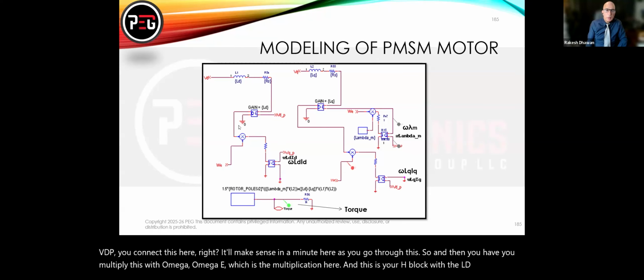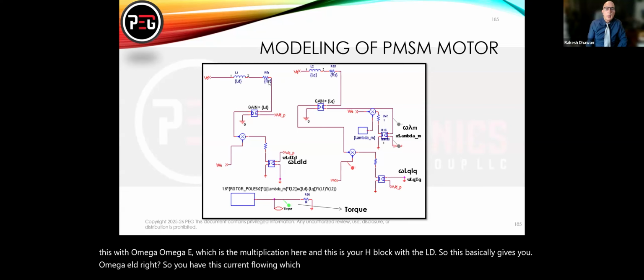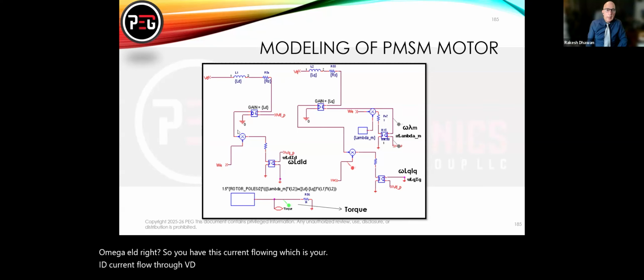So this basically gives you omega E LD ID. You have the ID current flowing through the VD loop, and omega E multiplied by LD, which is the gain of this block. Then you bring over from the Q phase this omega LQ IQ. I think it's going to be a little challenging to explain here.